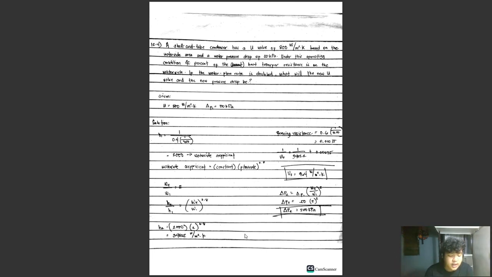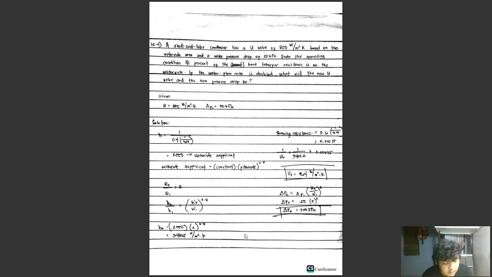So given we have U, the first U value sa aton nga shell and tube condenser, 800 W over m squared K, and the first pressure drop, delta P1, equals 50 kPa.